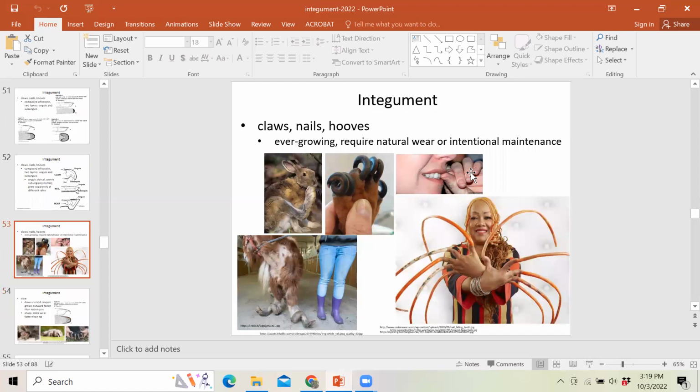Okay, let's take a look at these. They are ever growing, and they have to be continually maintained. What happens if they're not continually maintained? Well, you see this picture here. Sometimes people like to try to be entered into the Guinness Book of World Records for longest nails. But what you see here are examples like this figure here of a dog with overgrown claws.